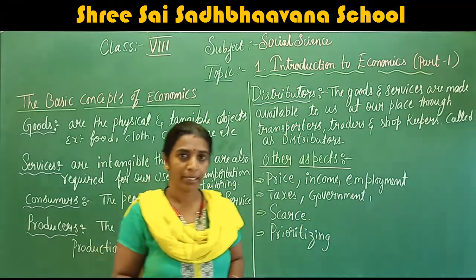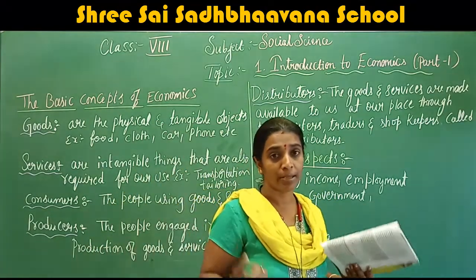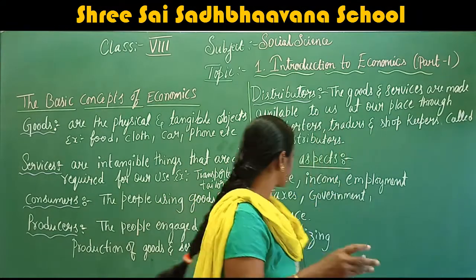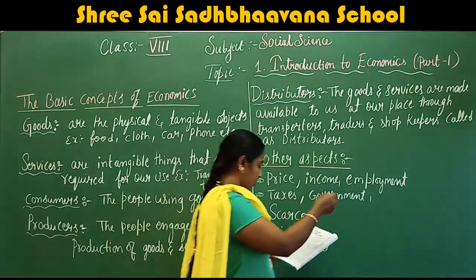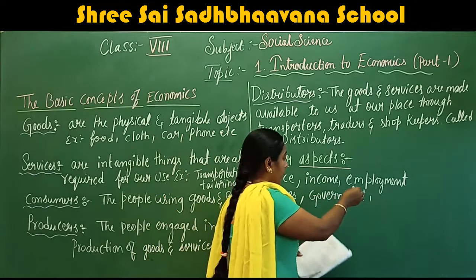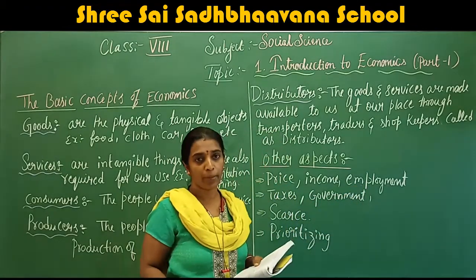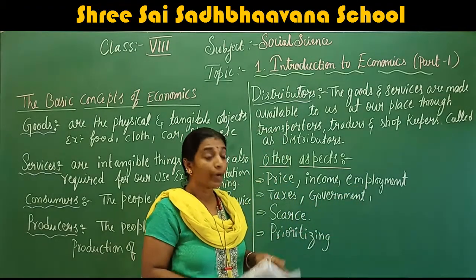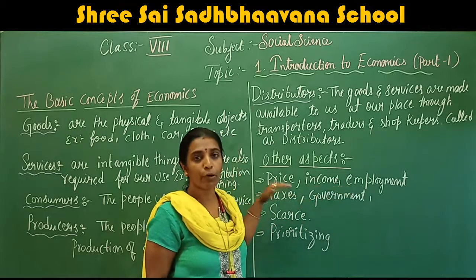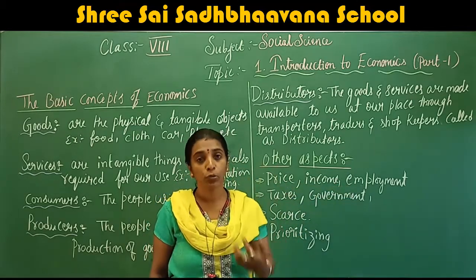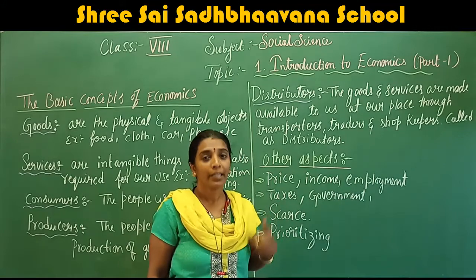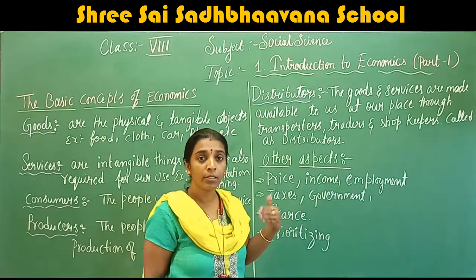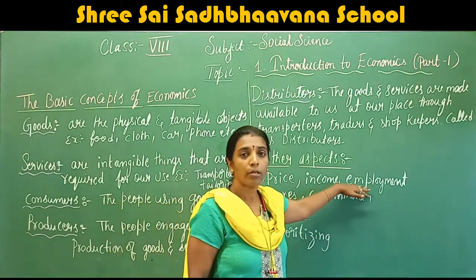How do your parents get money? How do I get money to purchase something? Because of employment. So we want to pay some price for the goods and services we are going to get. For that, we want to work.